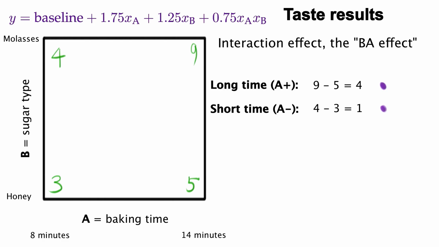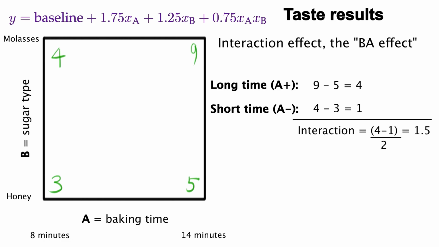Those two values are quite different, +1 and +4. The half difference this time is 4 minus 1 divided by 2, and that's a value of 1.5. The same value as before. Again, we report only half of this, so a 0.75.